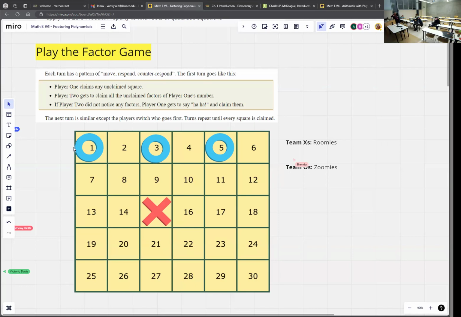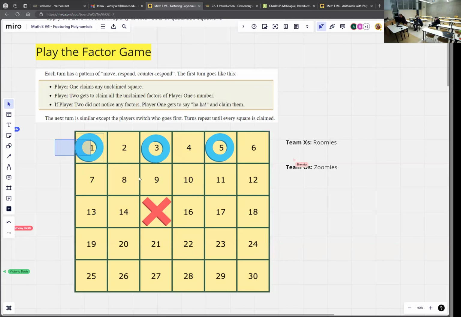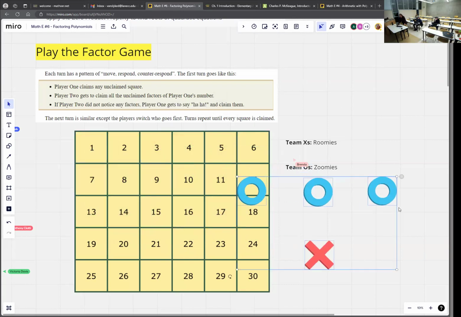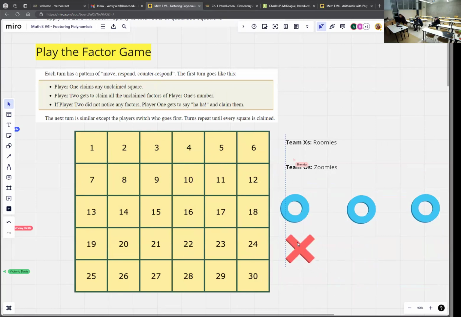You want big numbers, but the big numbers also tend to give the other team more factors, so that's the tension. I'm going to lock this so we don't keep sliding the board around. You'll need to make more copies of your shapes, obviously. Hopefully it will work better for you than it did for me.